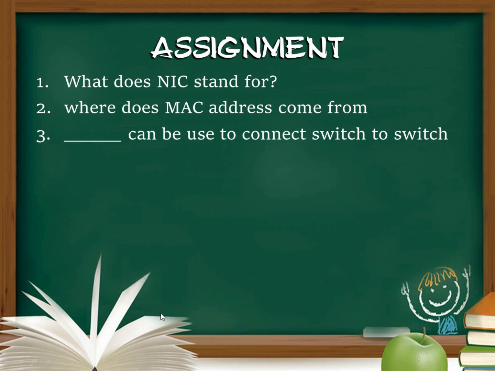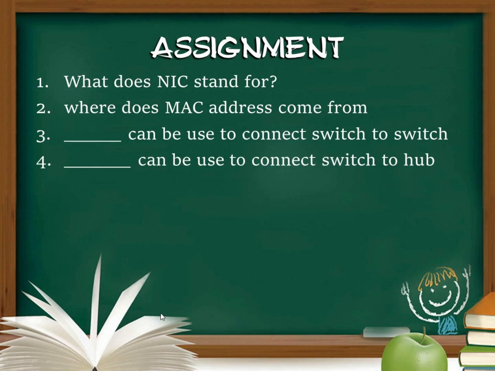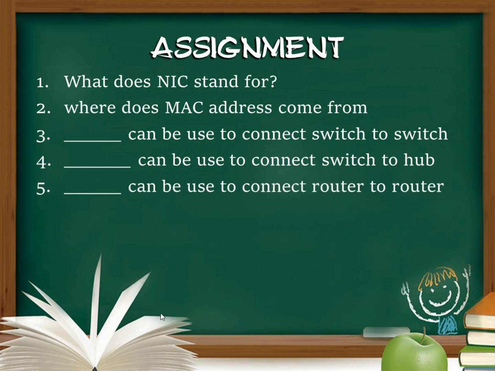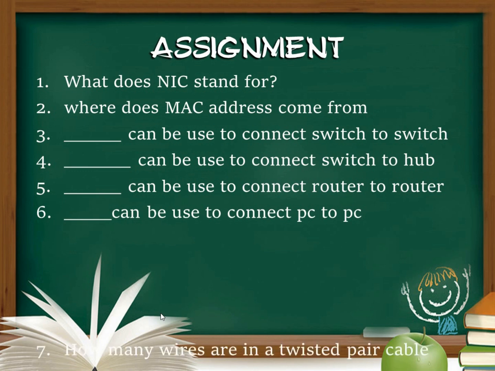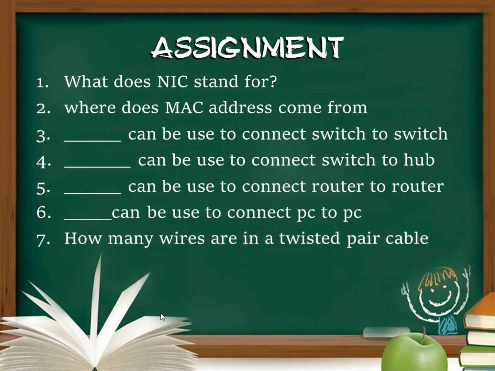What type of cable can be used to connect two switches together? Then dash can be used to connect a switch and a hub. What kind of cable can be used to connect a switch and a hub? Dash can be used to connect a router to a router. Dash can be used to connect a PC to a PC. And how many wires are there in a twisted pair cable?